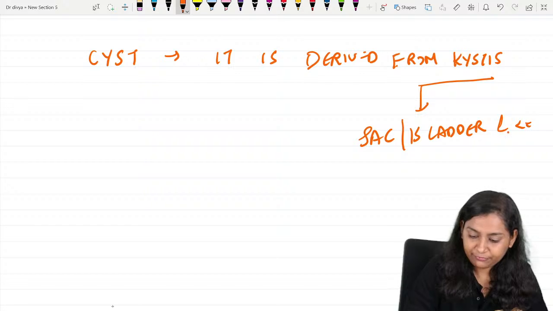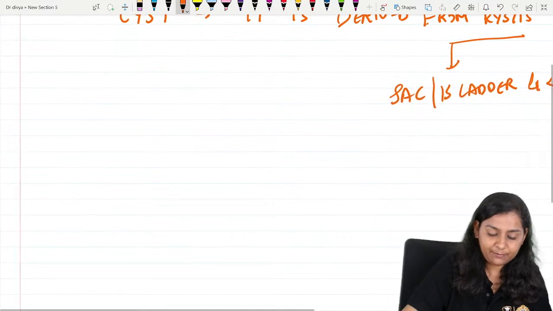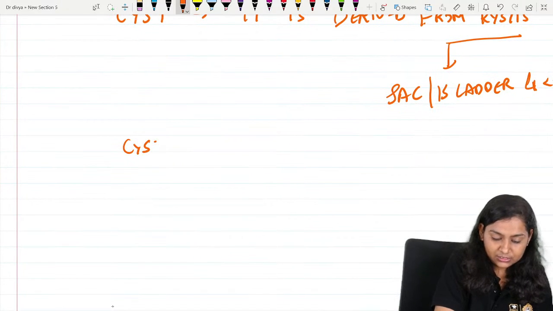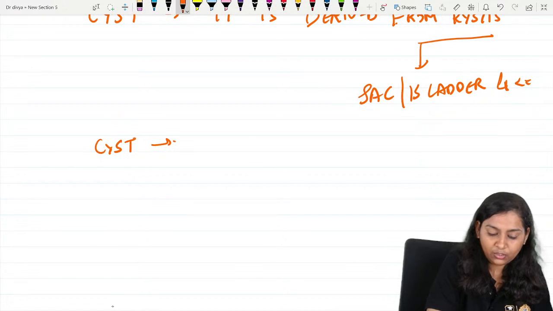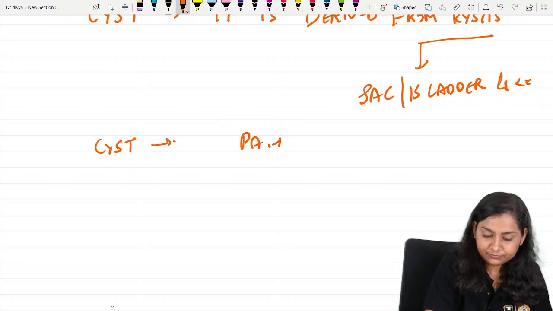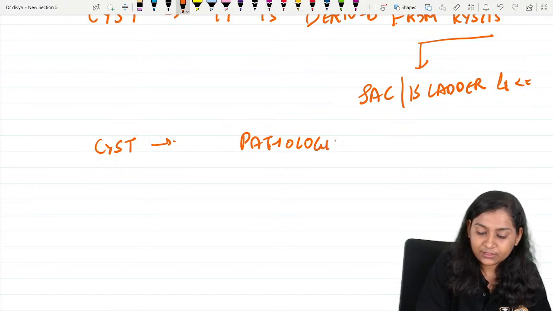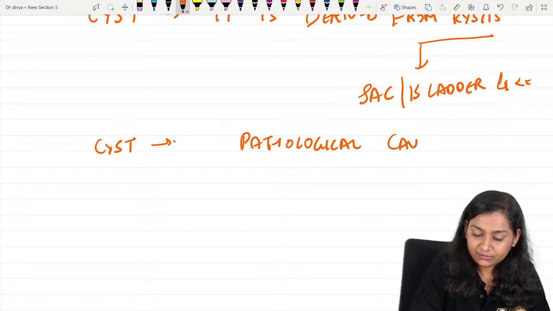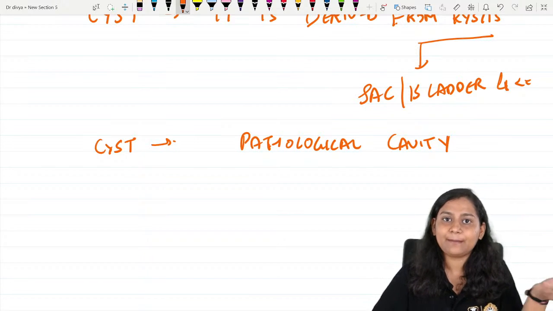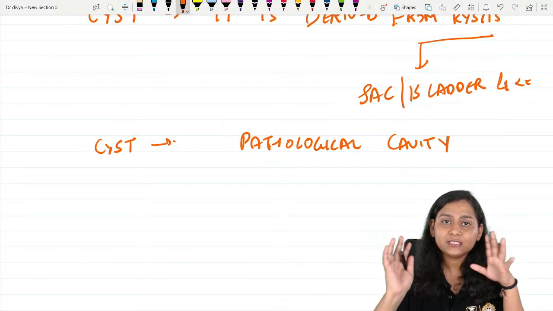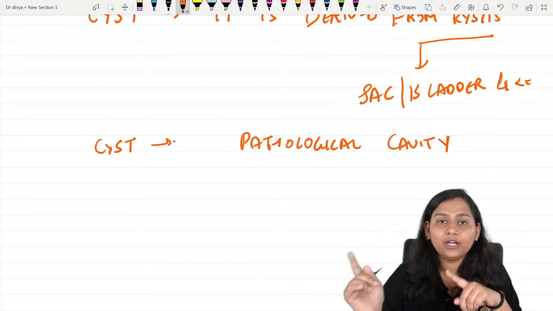So coming to the definition which is given by Kramer. The cyst definition given by Kramer: it is a pathological cavity. That means some pathology is associated. It is a pathological cavity which contains either fluid, semi-fluid or gases, but not pus. Remember, this pathological cavity should not have pus.